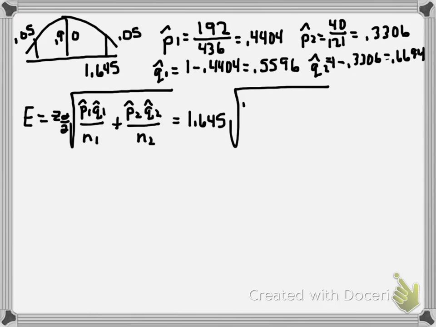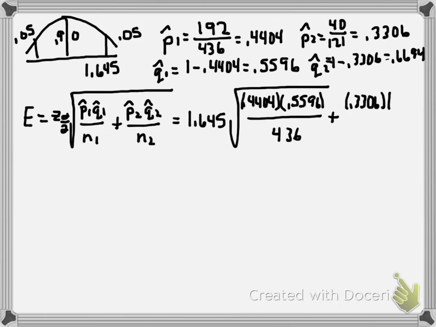P hat 1 is 0.4404. Q hat 1 is 0.5596. The first sample size is 436. Plus P hat 2 is 0.3306.